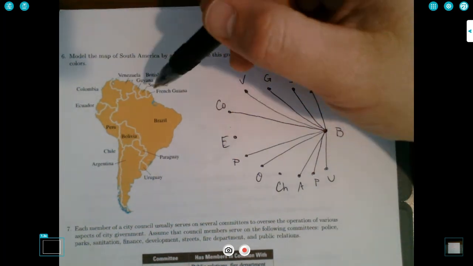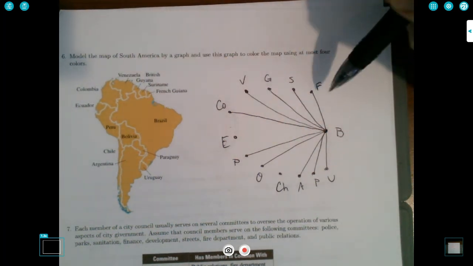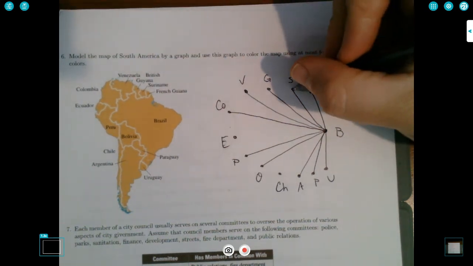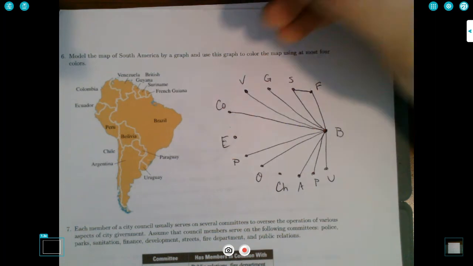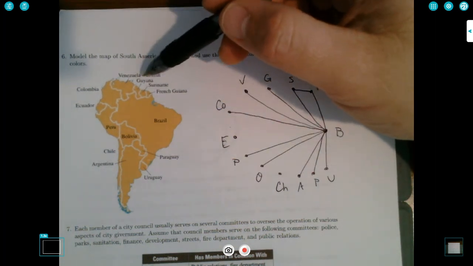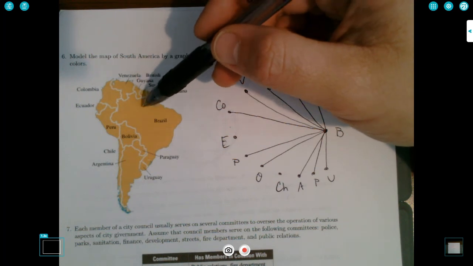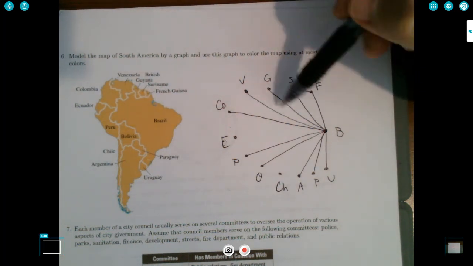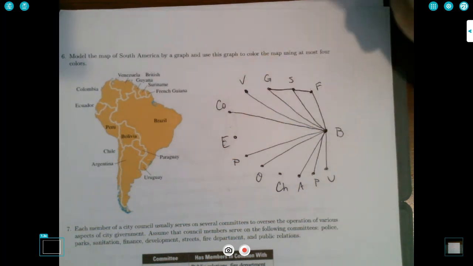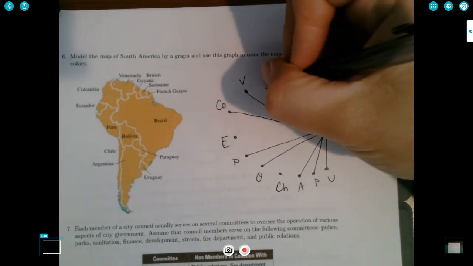Okay, what else? Well, French Guiana has a border with Brazil, which we've already got represented. It also has a border with Suriname. British Guiana has a border with Brazil, with Suriname, and with Venezuela.